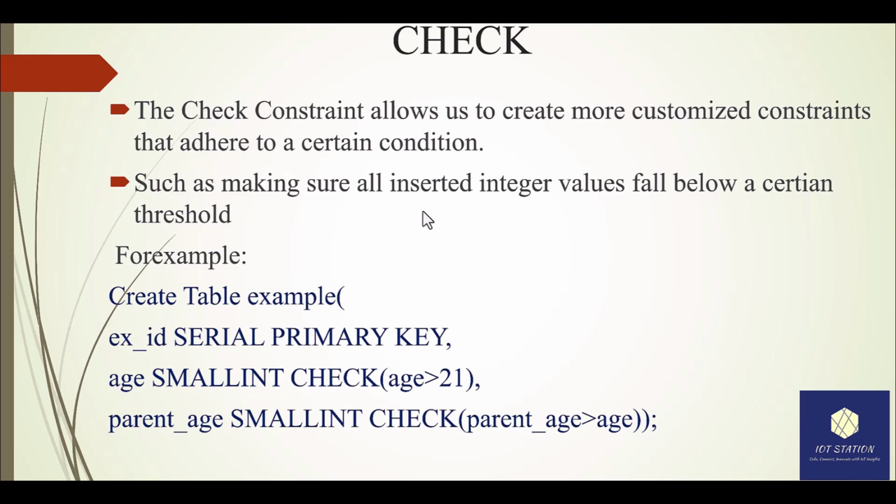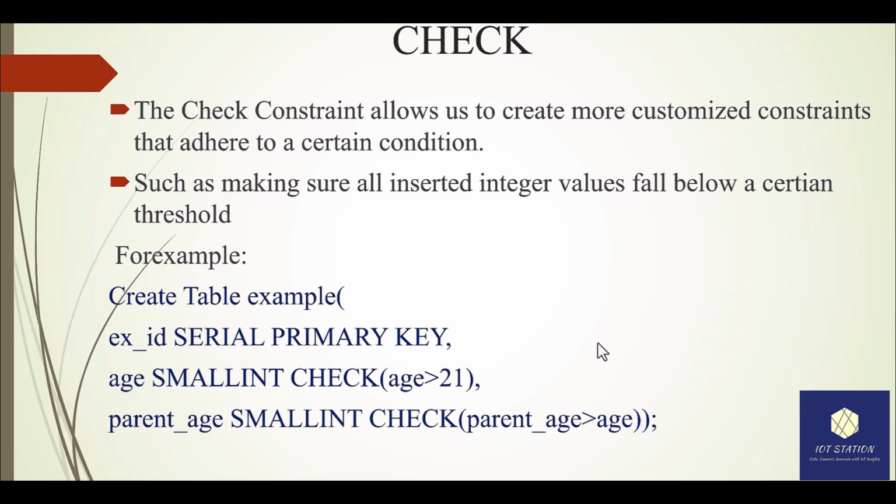And I want to also define the parent age, which shouldn't be less than the age value, which means that it shouldn't insert less than 21. So in that case, parent age will be defined as a small integer, and then I'm defining the condition with the check, parentheses, and then the condition.